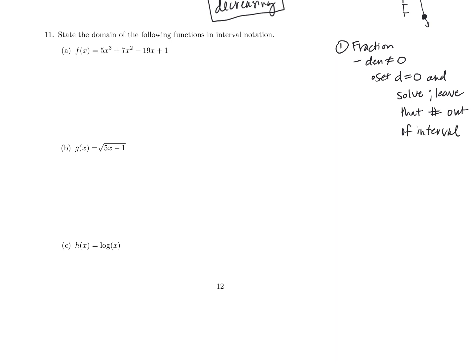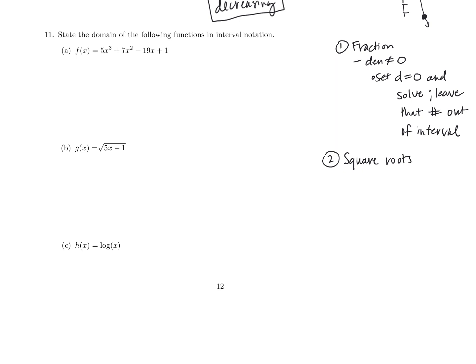Okay, the second one we talked about were radicals, and specifically I should say square roots. So this doesn't apply to cube roots. So let's be specific here, square roots. So if you see a square root, remember that if you take the square root of a negative, then you have an imaginary number.